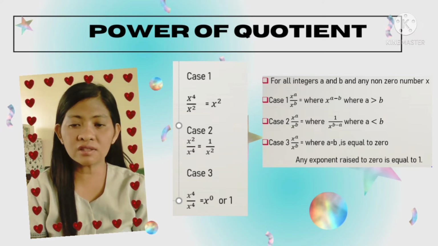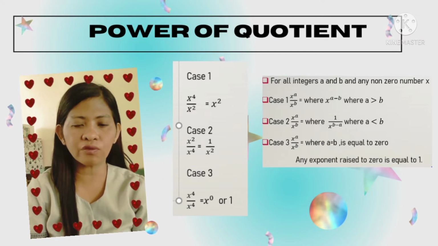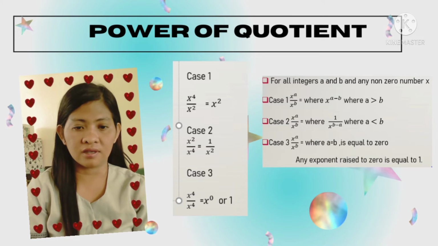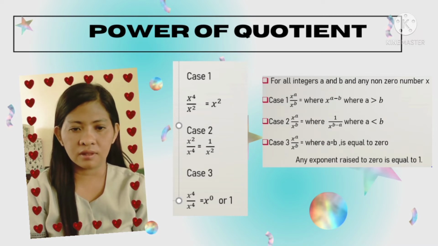So your answer class will be a fraction. So the numerator will always be 1, and the denominator, you will just copy the base, then subtract the exponent of the denominator to the exponent of the numerator to find your answer. So that is the only thing you need to remember in case number 2. Your answer will be a fraction, and the numerator is always 1.